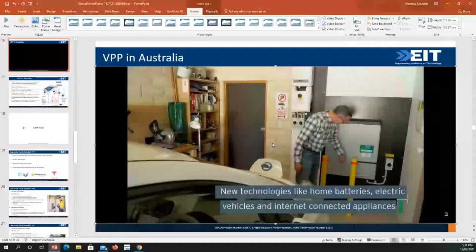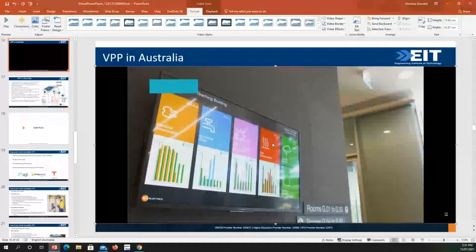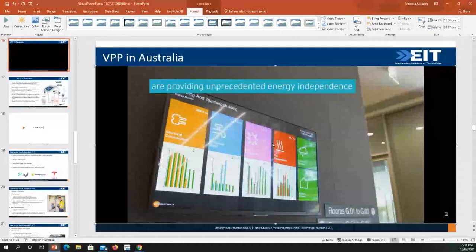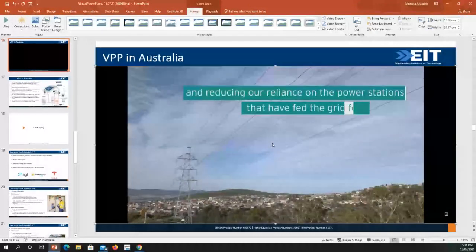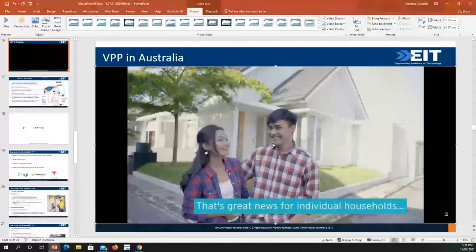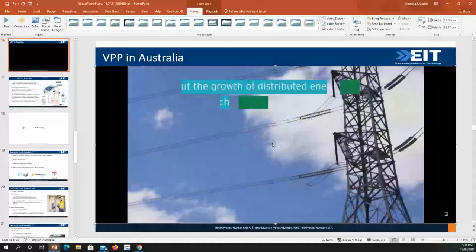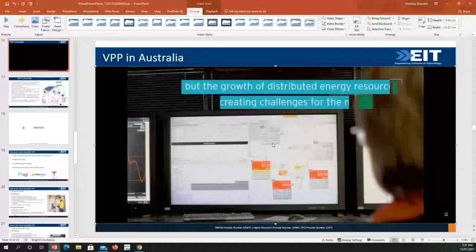New technologies like home batteries, electric vehicles, and internet-connected appliances are providing unprecedented energy independence and reducing our reliance on the power stations that have fed the grid for decades. That's great news for individual households, but the growth of distributed energy resources is creating challenges for the network.